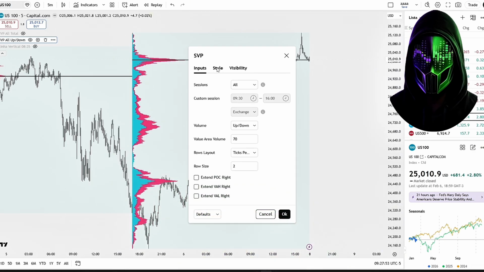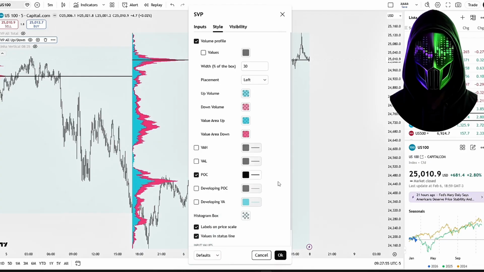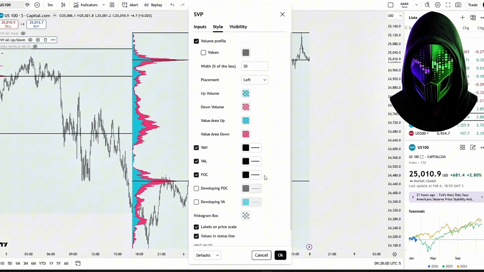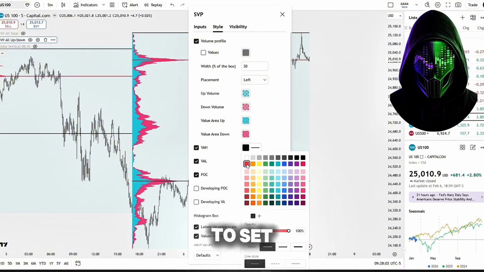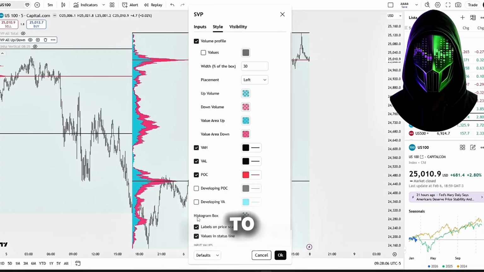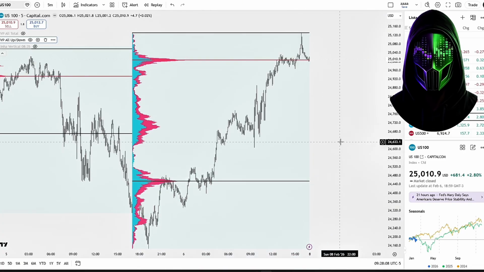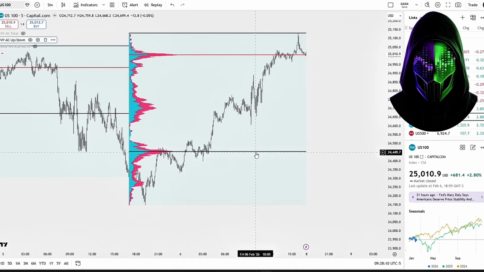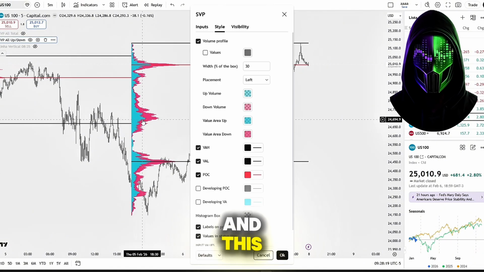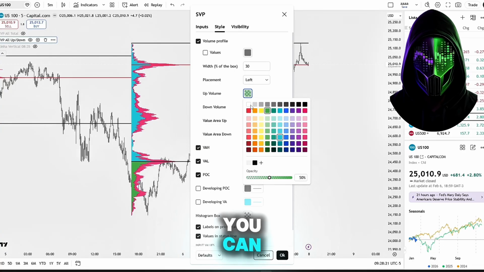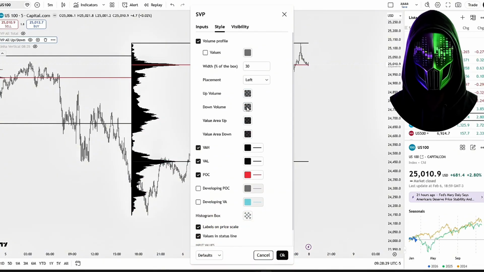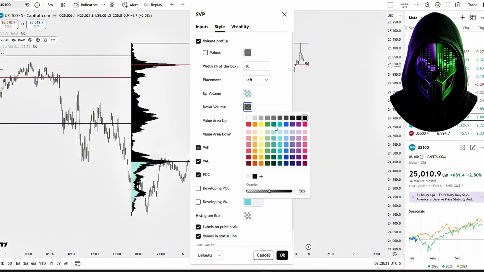All right, in this style you're now going to activate your value area high and value area low. The point of control I like to set as red. If you want the session box, you can leave it, or you can just remove it like this. You can change the colors if you want, black or any color you want.